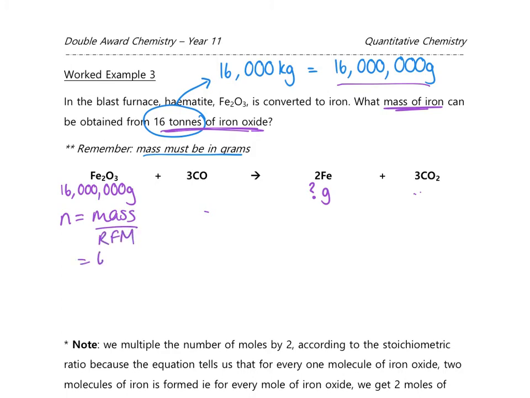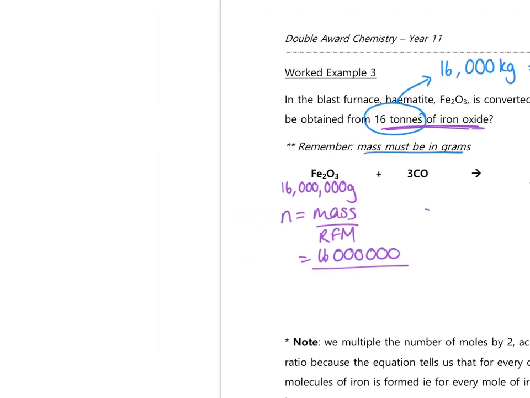My mass is 16 million. My RFM I need to calculate, and you could do this off to the side. So your RFM is going to be 2 times your mass of iron, which is 56, plus 3 times your mass of oxygen, which is 16.